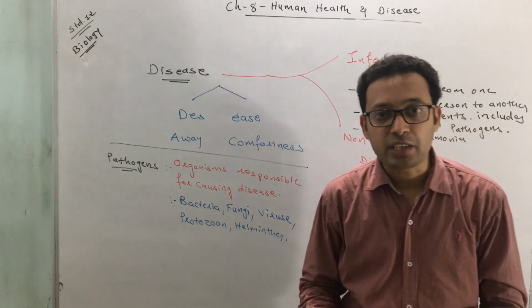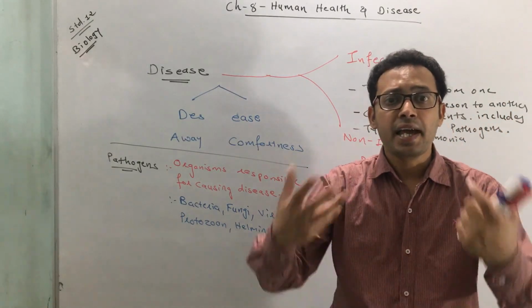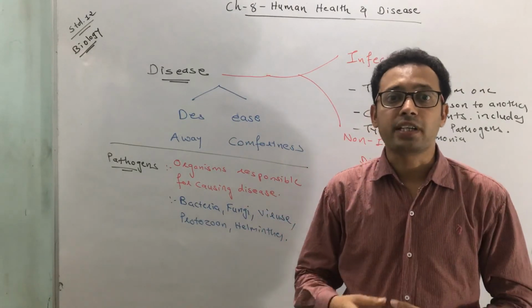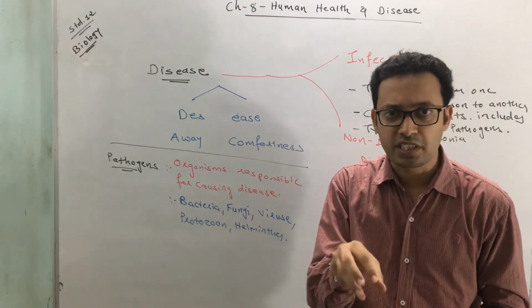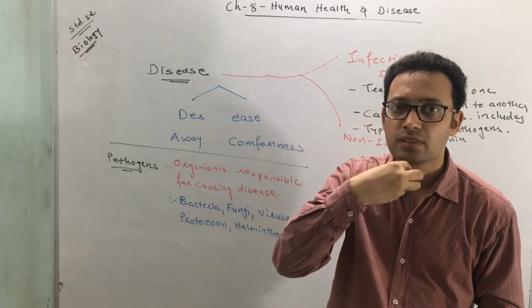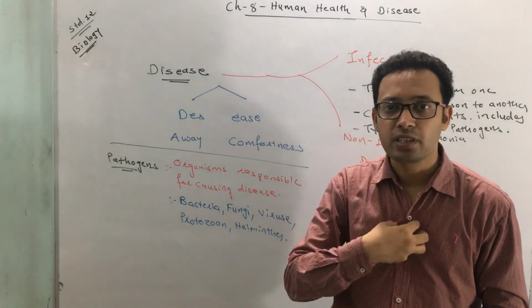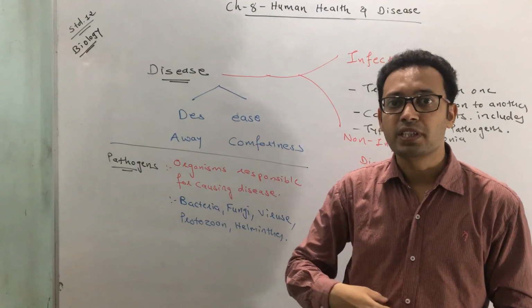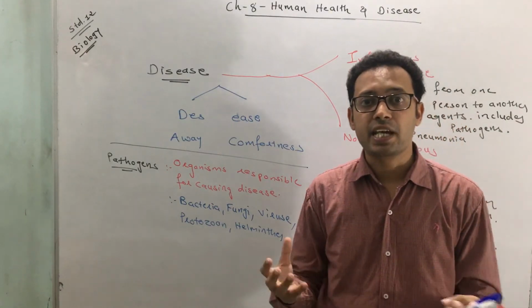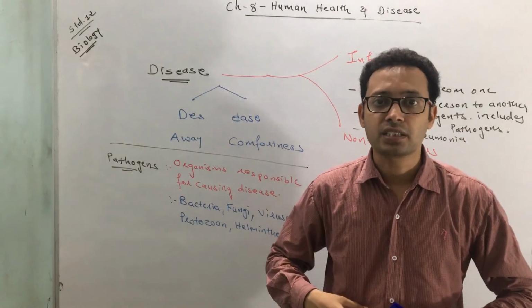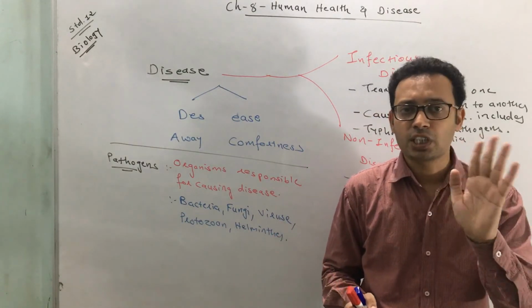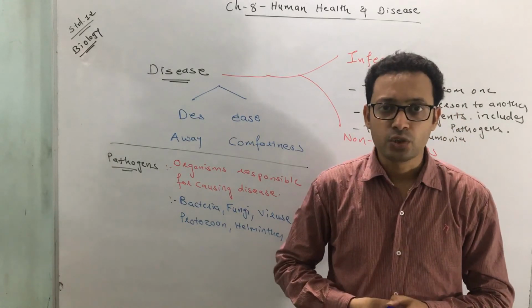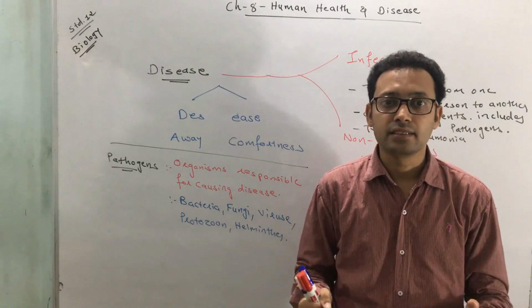These pathogens adapt to our body. Suppose a pathogen, some bacteria, is present in your food. You consume this food, so the food enters your body and goes to your stomach. But you know that in the stomach there is an acidic environment, a secretion of hydrochloric acid. Usually bacteria cannot survive in this acidic environment, and they are killed.